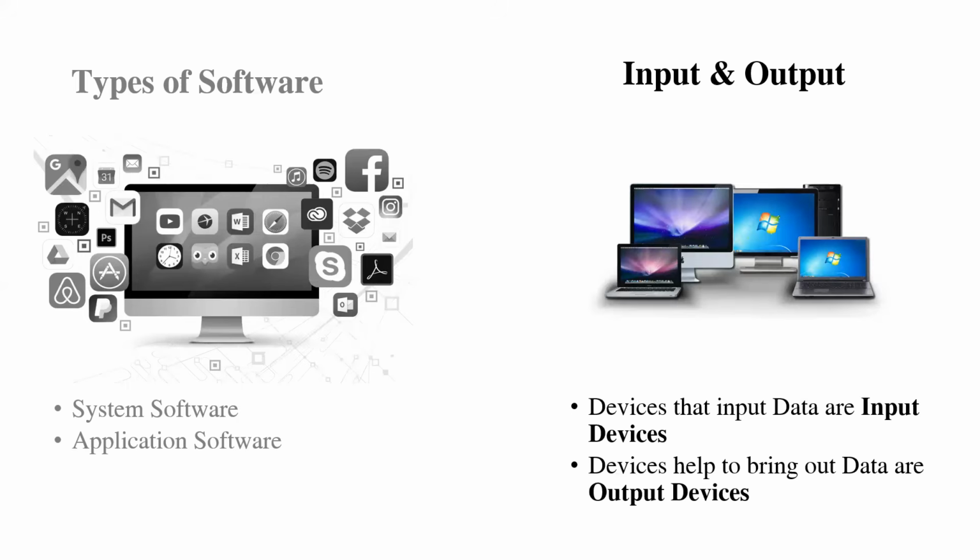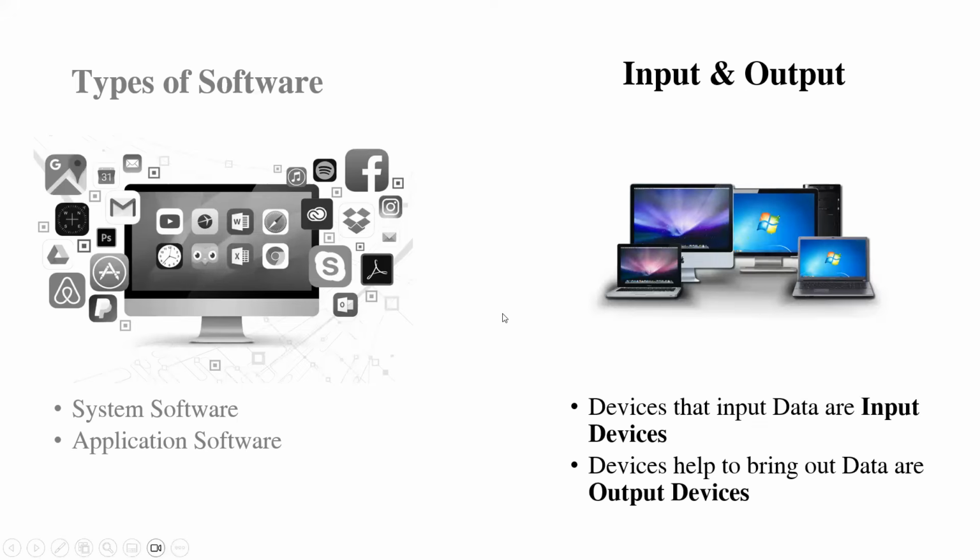Under these hardware, we have the hardware that are only used to input data into computer, and we have the hardware that only help to output data out of the computer. Also take note, we have hybrid devices, the devices that input and also output data. So for any device, ask yourself, are we using this device to input data in computer?